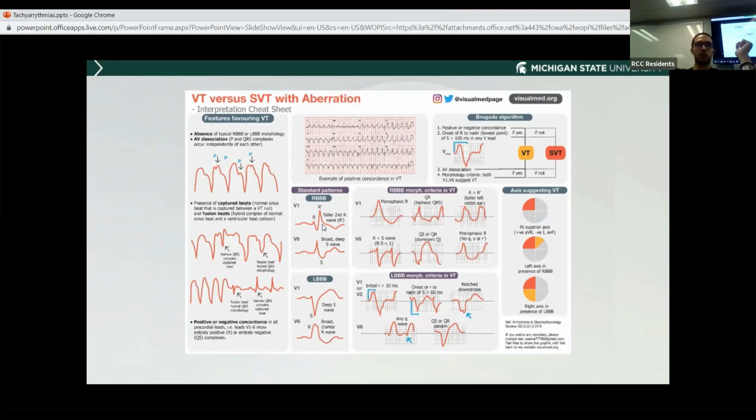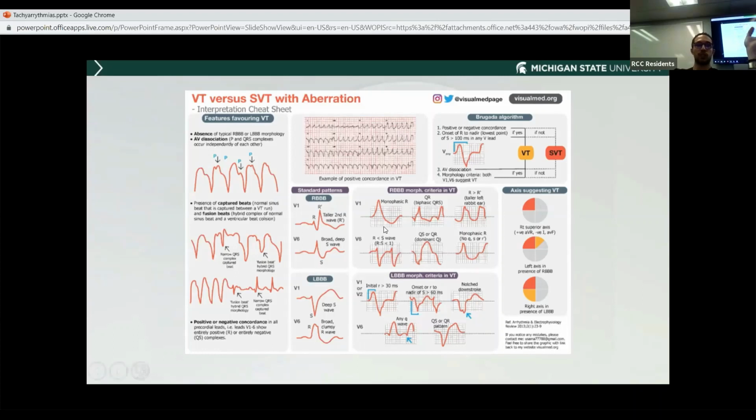This happens because of the delay in the right bundle branch. So usually you have a taller second R. The second R is always taller if this is a standard right bundle branch block in any normal person in sinus rhythm. However, if it is a VTAC, it will be split, but the first R is longer.